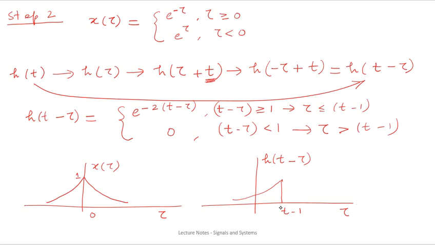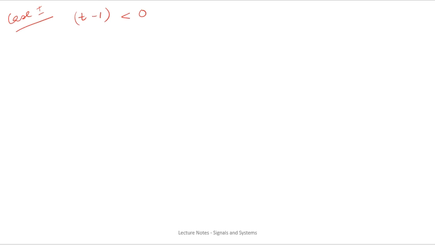So if this t minus 1 is less than 0, which means that t is less than 1, then I will draw a figure which will have these two signals.